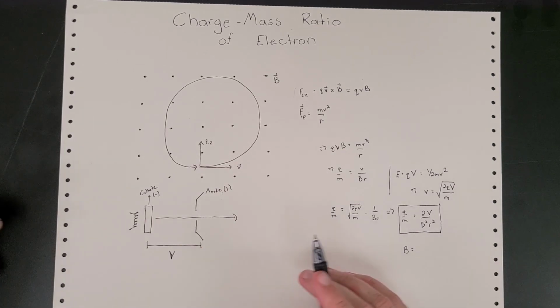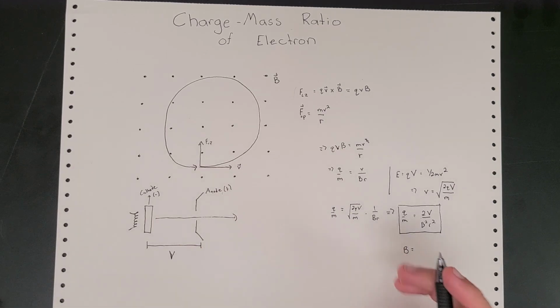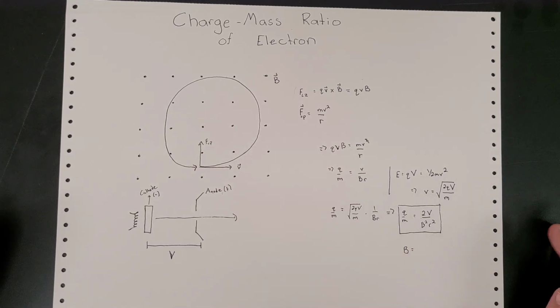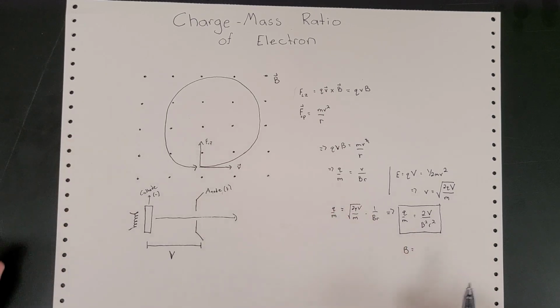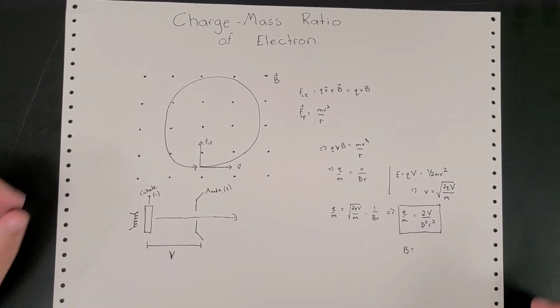Anytime you run current through a coil of wire, it's going to produce a magnetic field. And if you then take that wire and put it into a circle, it'll produce a uniform magnetic field at the center of that coil.